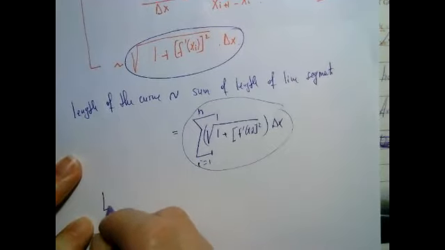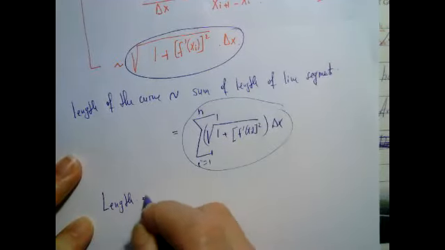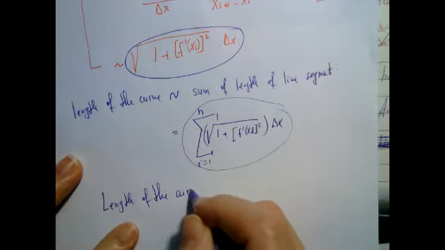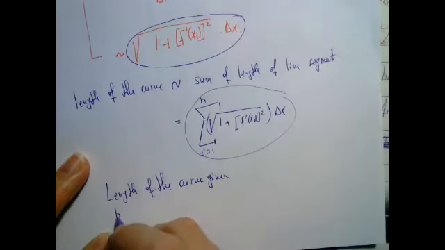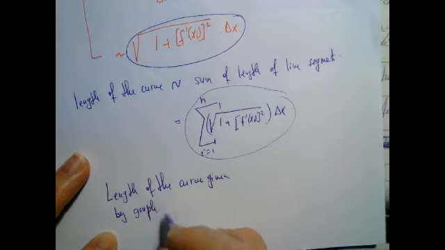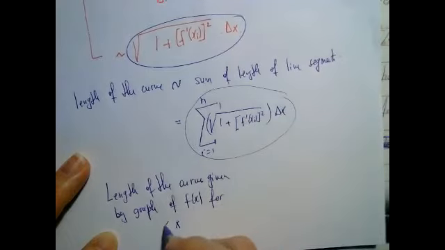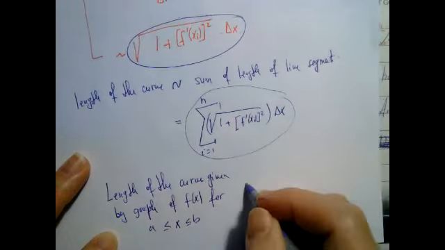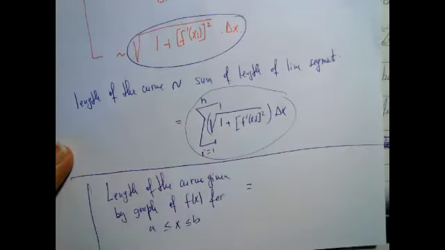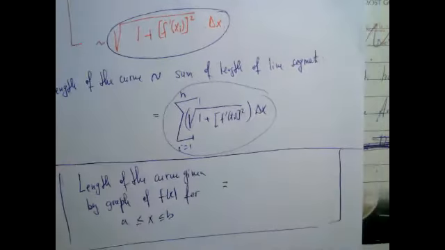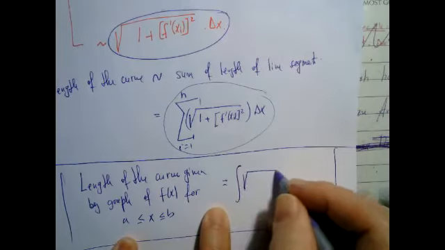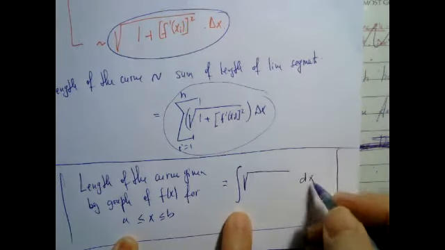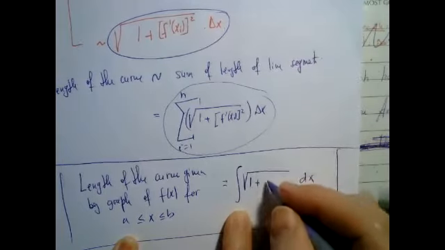So the actual length of the curve given by the graph of f of x for x between a and b is equal to the integral from a to b of the square root of 1 plus the derivative squared, dx.